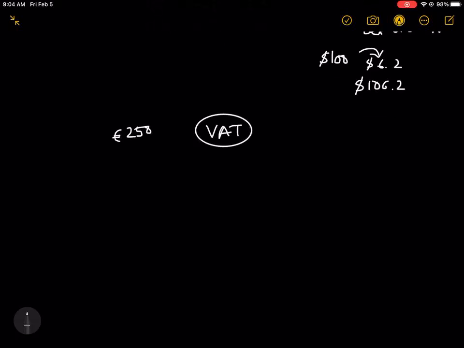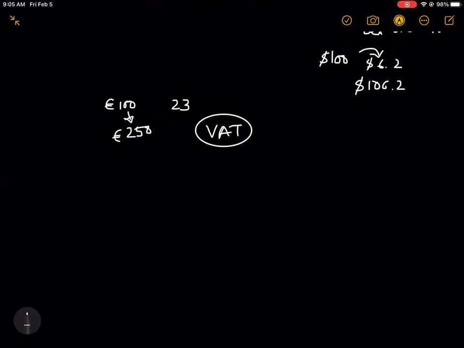What are the informations we have? We know if the product is worth 100 euros, we need to pay 23 euros as VAT. And from that, we are trying to find if we buy something of 250 euros, what's the VAT going to be? How should we do that?